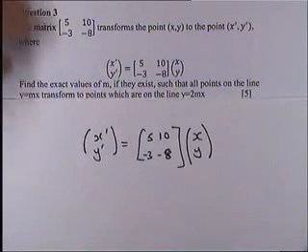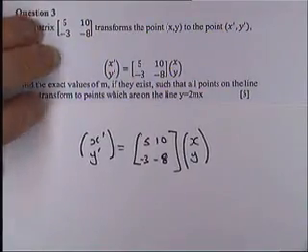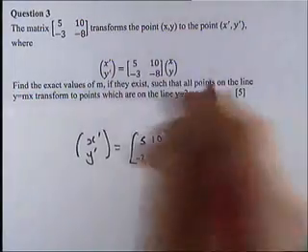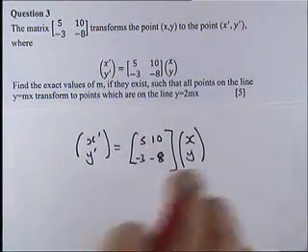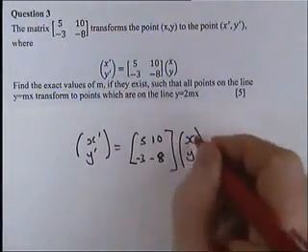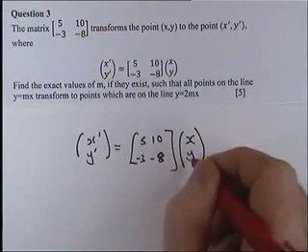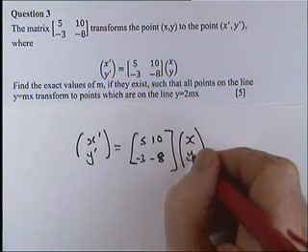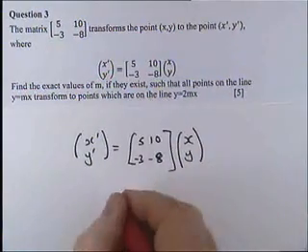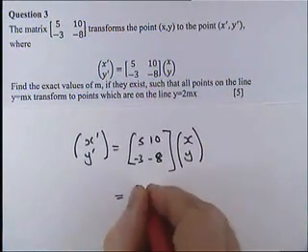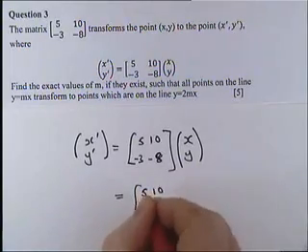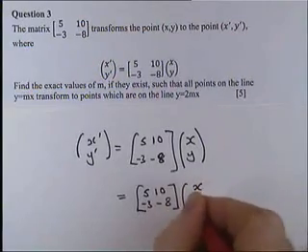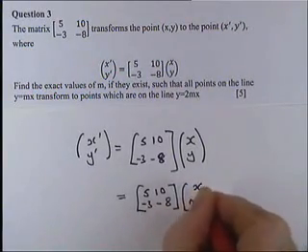Okay? Now, if you think about what's going on here, all the points have to be on the line y equals mx, and they've got to transform onto a line with y equals 2mx. So if we look at the relationship inside here, we should know that when x is x, y is going to be mx. So we can write this as 5, 10, negative 3, negative 8, and we get x, and y is going to be, well, m lots of x.